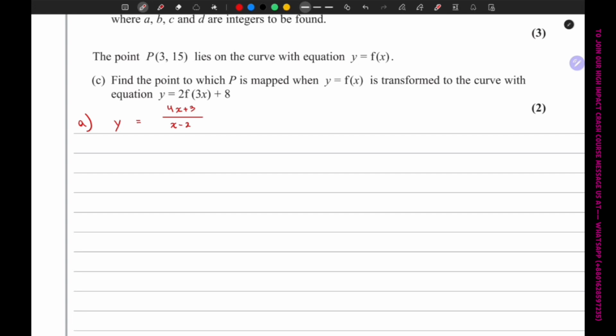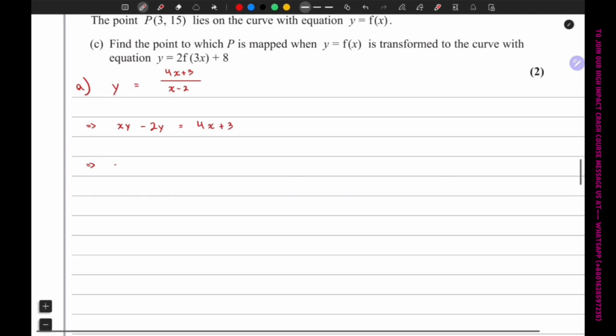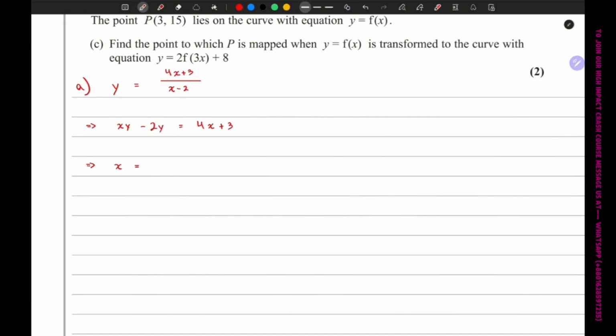Now the second step is to make x the subject. So if we make x the subject, this is basic algebra, everyone should be able to do this. This should give us an answer of x equals 2y plus 3 divided by y minus 4.